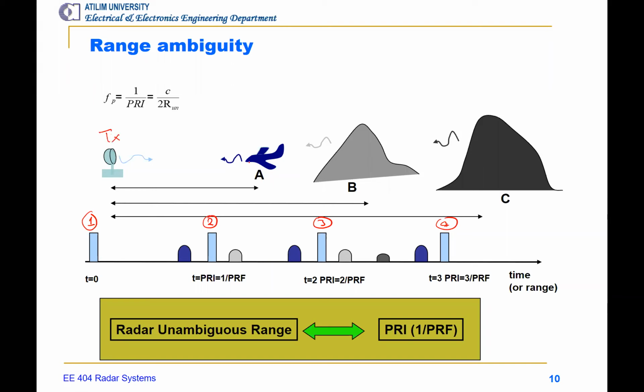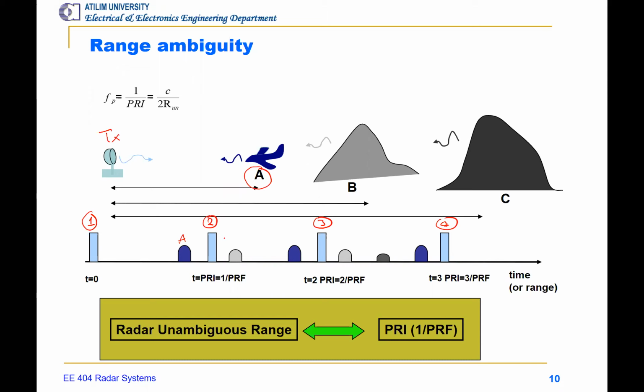Then I will see an echo signal from the nearest target, target A. And this is correct, right? This is correct because it is within unambiguous range. I'm sure about that, because I know the unambiguous range.